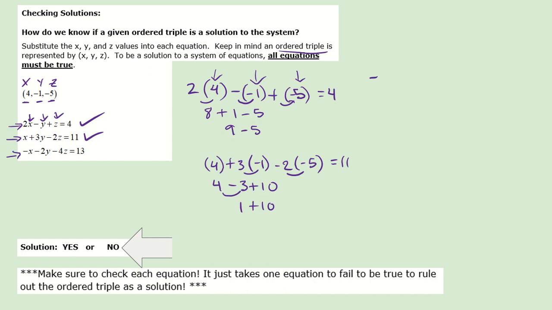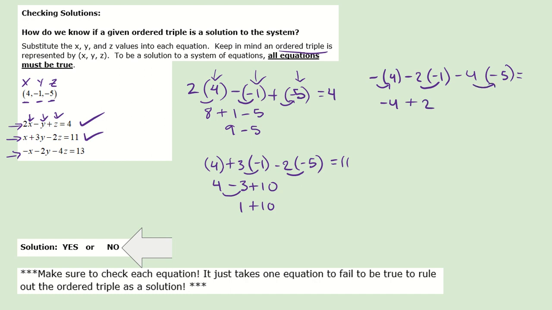So we have -x, so -4, minus 2 times -1, minus 4 times -5. And this should equal 13. So let's check. Negative times positive will be -4. Negative times negative, that's +2.